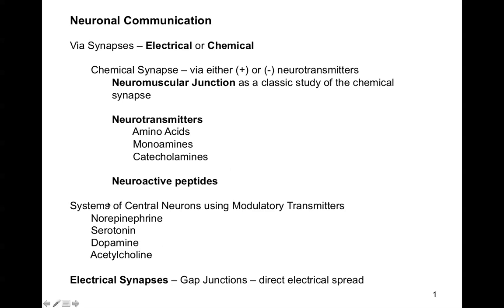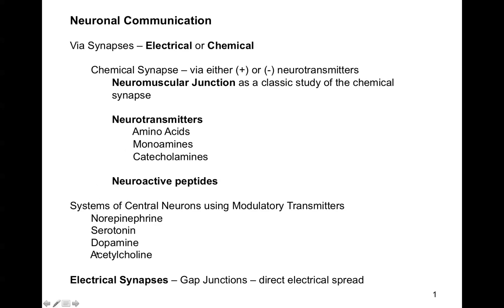Later we will talk about networks within the brain that release predominantly one neurotransmitter and supply modulatory effects on a wide variety of targets.